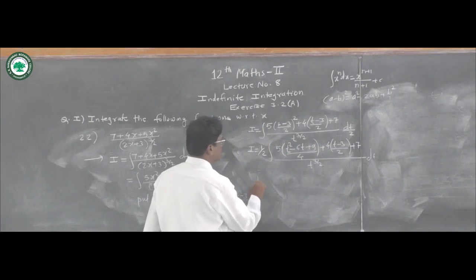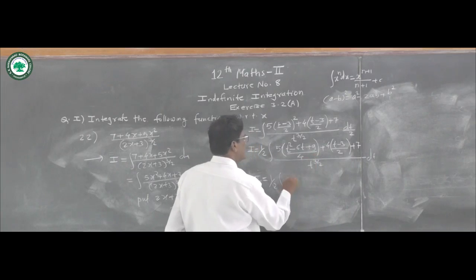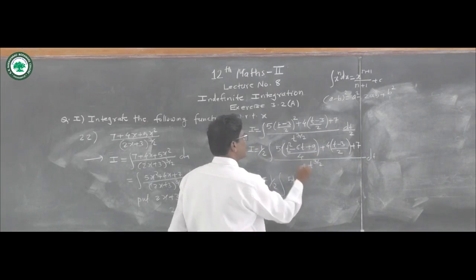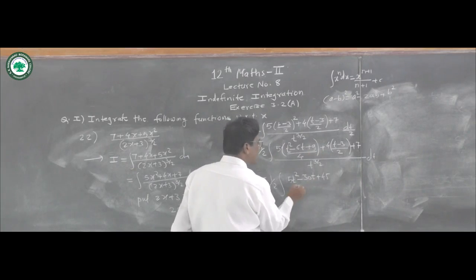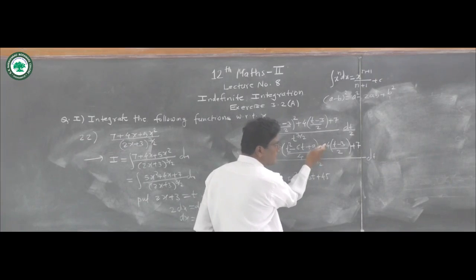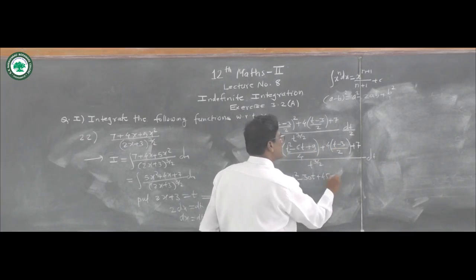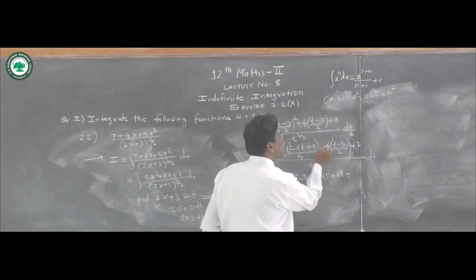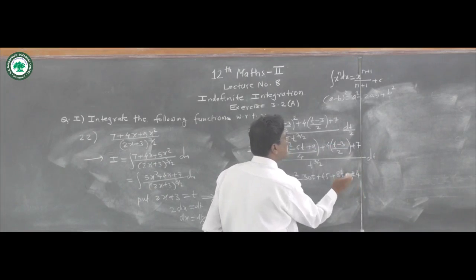And so I is equal to 1/2 into the integration of, here the denominator is 4, multiply by 5 inside the bracket, we get 5t squared minus 30t plus 45 upon 4, plus, now here we have to make this 4, so we multiply by 2, 2 into 4 is 8, multiply by 8 inside the bracket, so plus 8t minus 24.